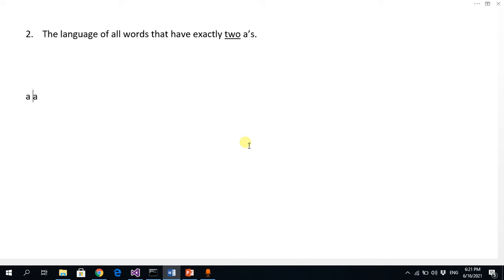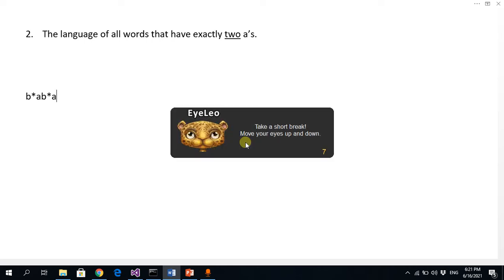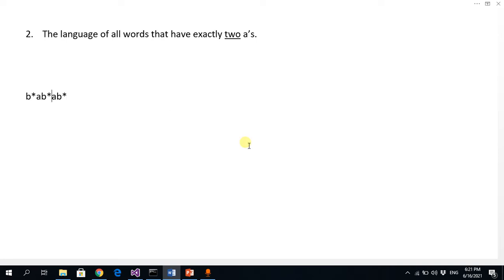So in this case, we can have B's in between and before and after the A's, but not A. So here you can have null, one or more B's. For this we can write B star, and similarly in between the two A's you can have null, one B or more B's. And similarly after the second A we can have null, one B or more B's. So this is the regular expression for this second scenario.